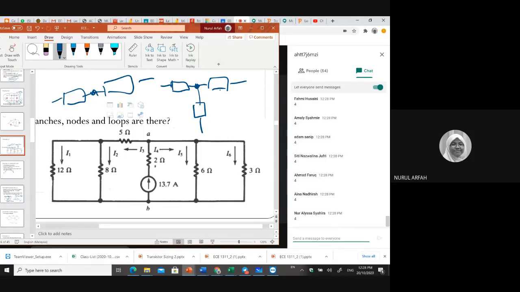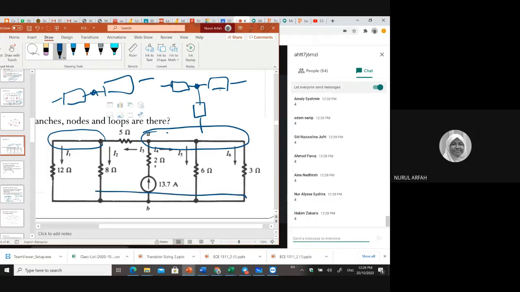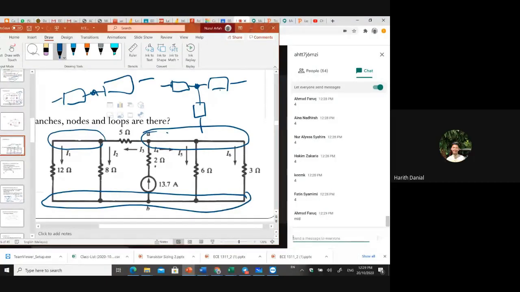Where is that 4? You have this, this, this. That is 3. Where's another one? Between 3 and 5 ohm. Yes, in the middle, right? Here. Okay, you can see, right? There's 4. So there are 4 nodes.